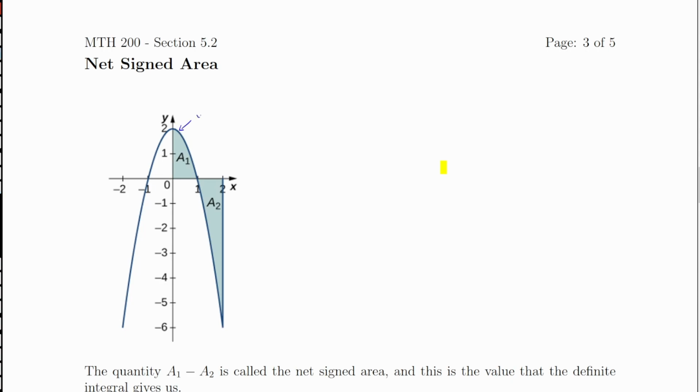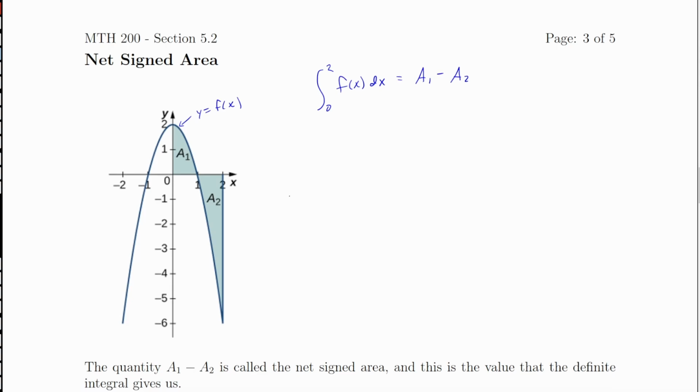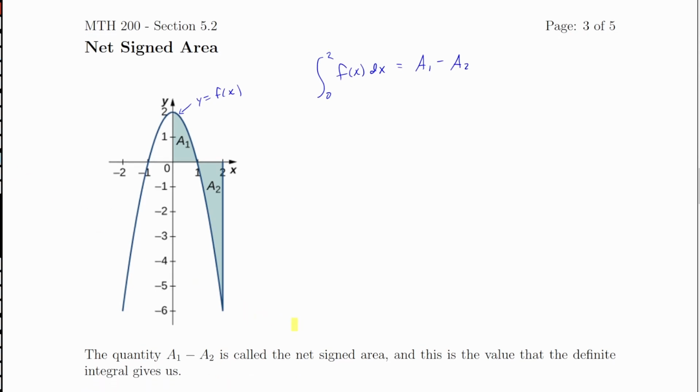If this is a graph of my function y equals f of x, then the integral from 0 to 2 of f of x dx, when I add up the rectangles, I have this area 1 and I have this area 2 that's below the axis, and what I'm going to get from my integral is A1 minus A2. That stuff below the axis is going to count as negative. So it's not giving me an area anymore. And what we do is we call this value net signed area.